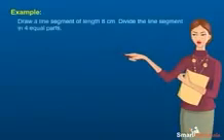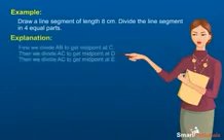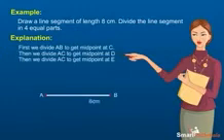Example: draw a line segment of length 8 cm. Divide the line segment into 4 equal parts. Explanation. Step 1. We first draw a line segment AB of 8 cm. Step 2. Then we place one end of the compasses at A and open the length to more than half the length of AB. With A as center, draw an arc on both sides of AB.